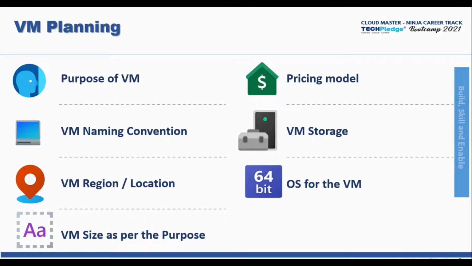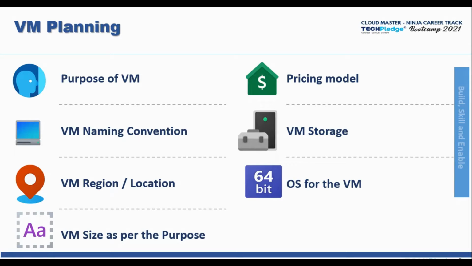If we go for general purpose, we get T1, T2, T3, nano, micro. As you select your purpose, the size will also be selected accordingly. The pricing model, according to the size selected and your VM purpose, will be different.